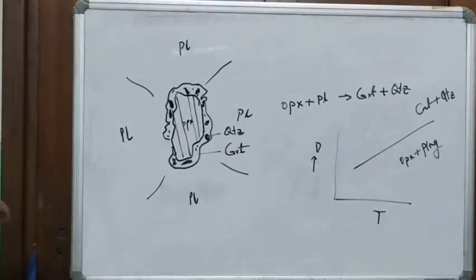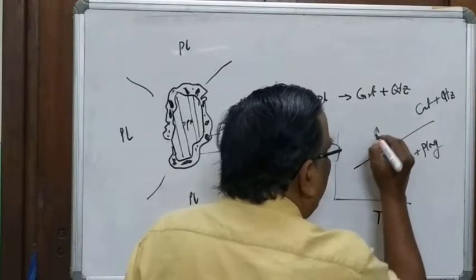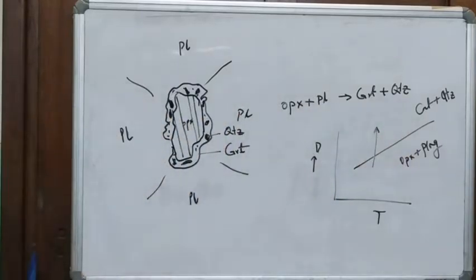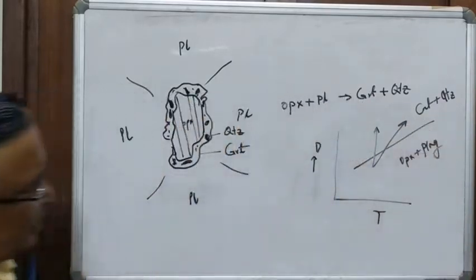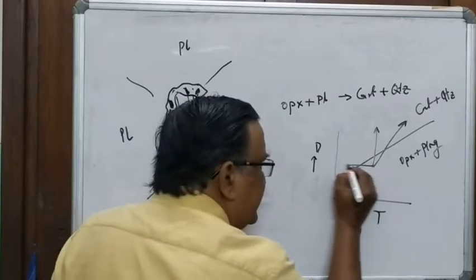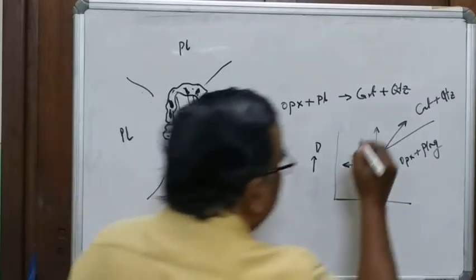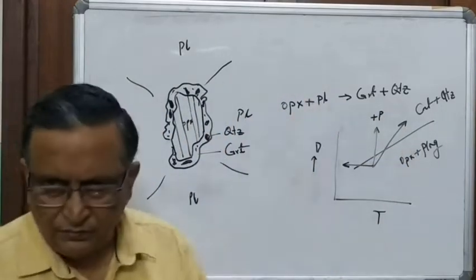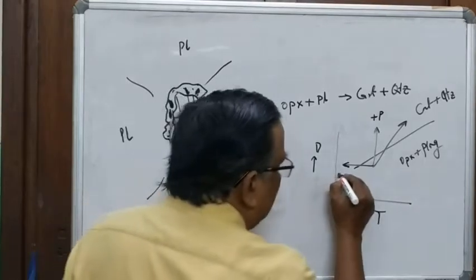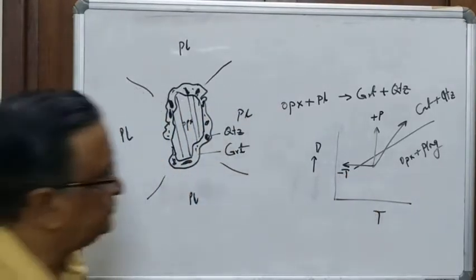And you can see, if you're going from orthopyroxene plus plagioclase to garnet plus quartz, then either you're going this way, or this way, or even this way. Now you see here, this is plus P, increase of pressure. This is minus T, cooling.